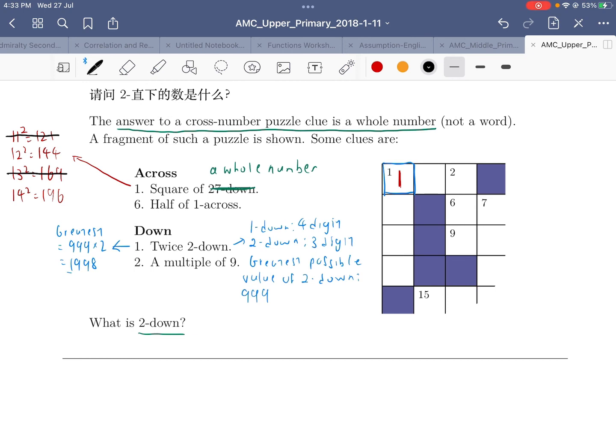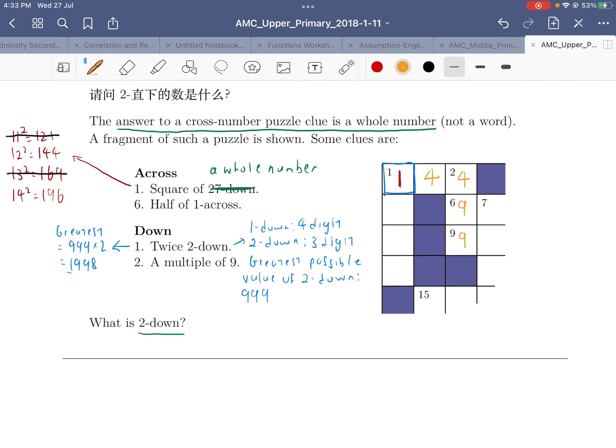Now let us try 12 squared, for example. It looks alright, until it starts to contradict something. Remember, 1 down is twice of 2 down. What would be the greatest possible value of 2 down when 1 across is just 144? The greatest possible value will be 499.